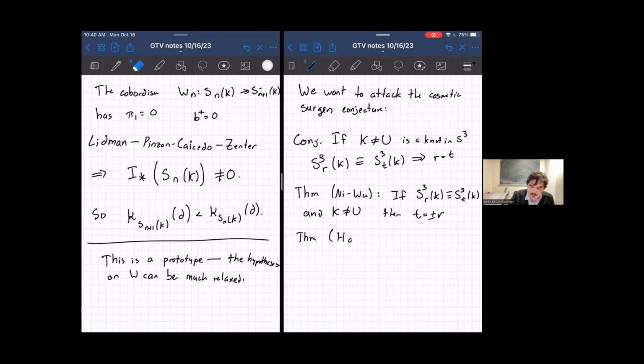And strengthening this, Hanselman proves that in that situation, you can actually constrain the values of T quite a lot. The positive term could be 2, could be 1, could be 1/2, 1/3, 1 over n for general n, but that's it. So in principle, the cosmetic surgery conjecture in S3 is now a countably infinite sequence of individual problems.